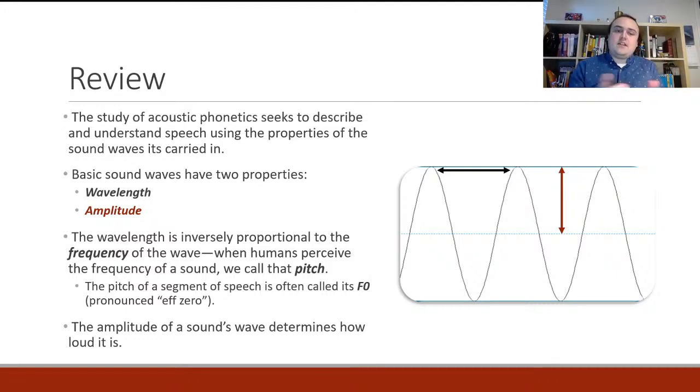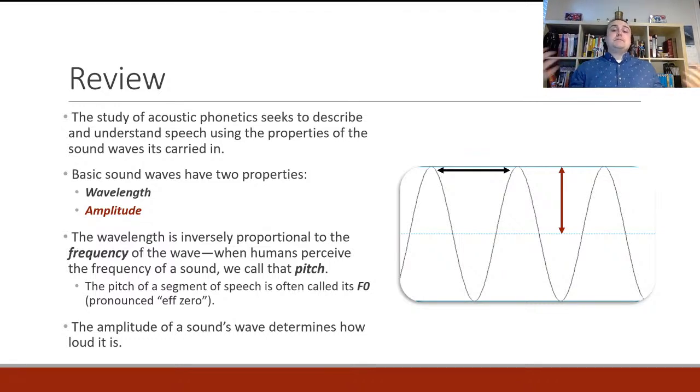Because they all travel at the same speed, wavelength and frequency are always just going to be perfectly inversely proportional. So if you know the wavelength of a sound wave, you'll also know its frequency. And frequency is how many of these little bumps, the peaks and the troughs, you get in a particular period of time. So that's frequency, right?